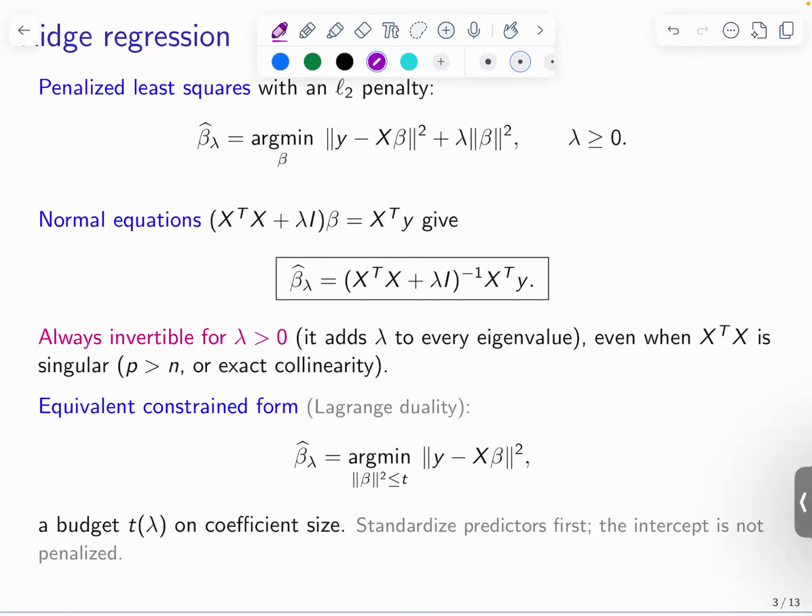There's a constraint form equivalent, sort of. Instead of penalizing, you can add it as a constraint here. By Lagrange duality, for every t there's going to be a lambda, or for every lambda there's going to be a t, such that the solutions are equivalent. But I don't want to dwell too much on it.